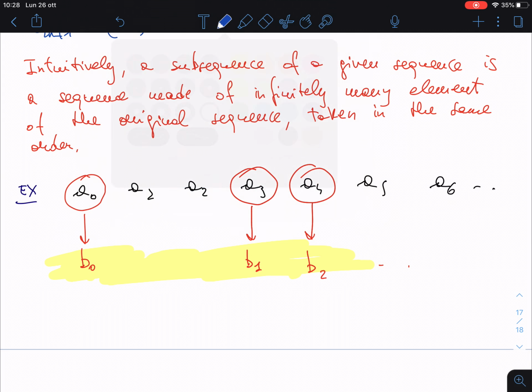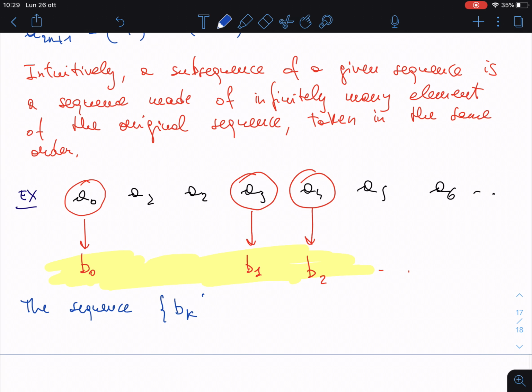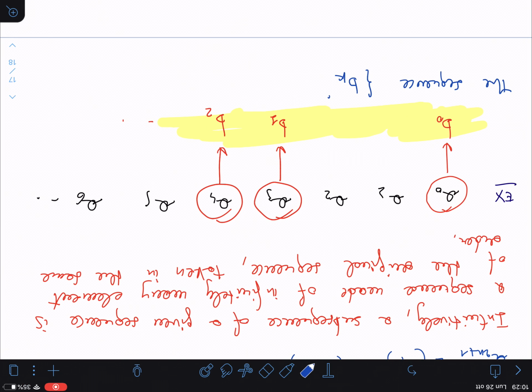So the sequence b, let me call it b_k. I could also call it b_n. It is not important, it is the name that we give to the labels. This is a subsequence of the original sequence.